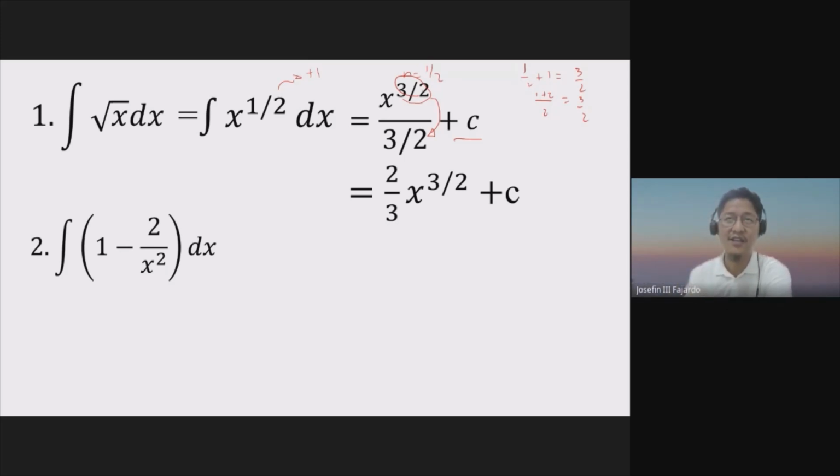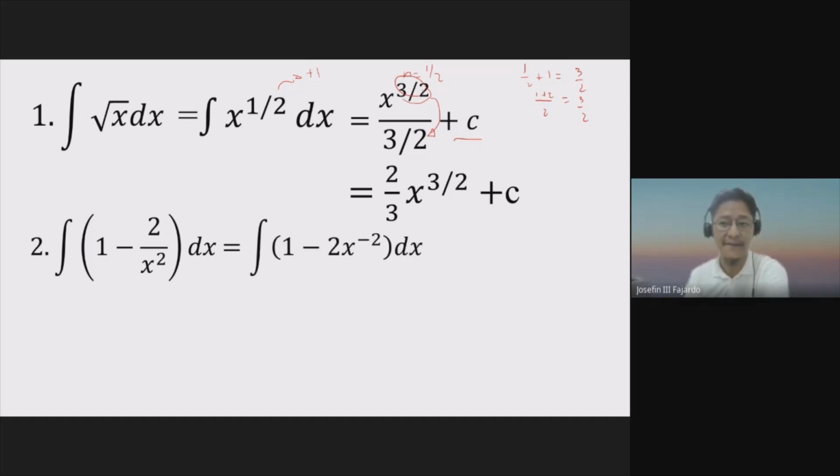Unlike sa derivatives, may product at saka quotient rule tayo. Dito, pag may nakita kayong product at division, ibig sabihin, meron kayong gagawin muna para ma-integrate natin yun. In this case, just like 2 over x squared, pwede natin siyang itaas, di ba? When we place the x squared sa taas, we just negate the exponent.